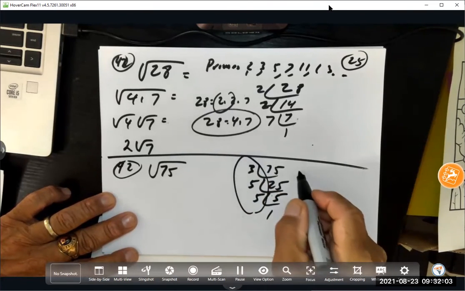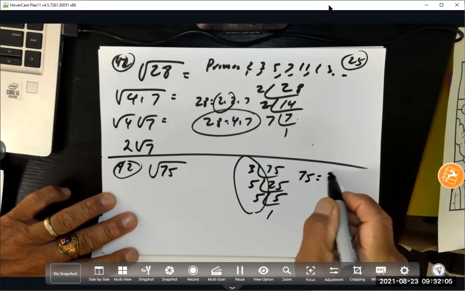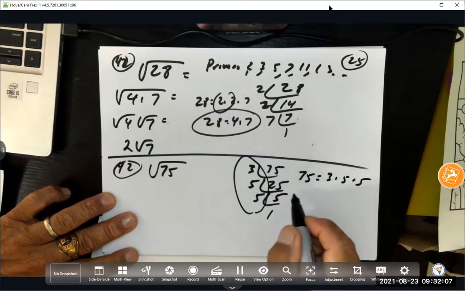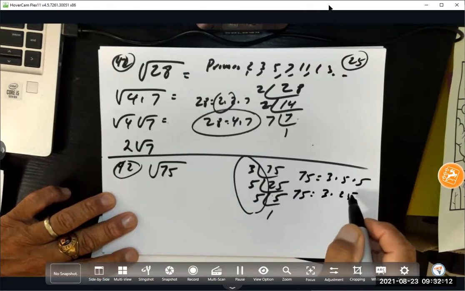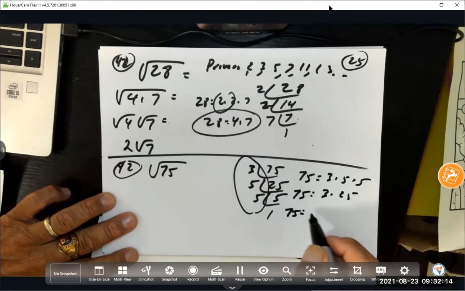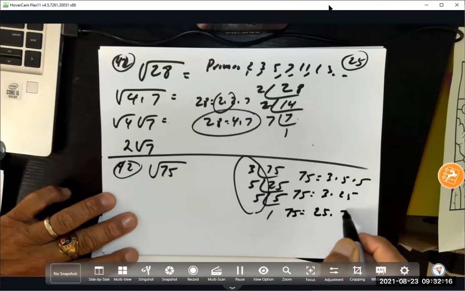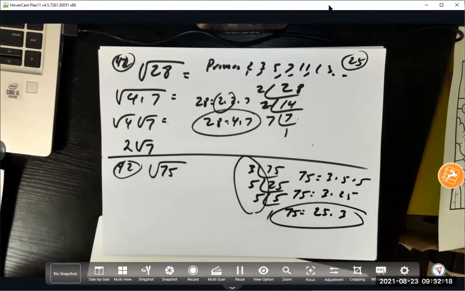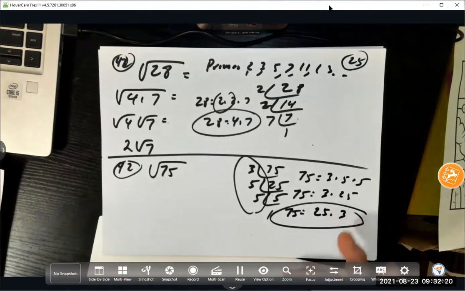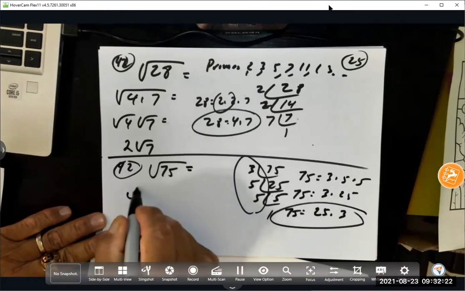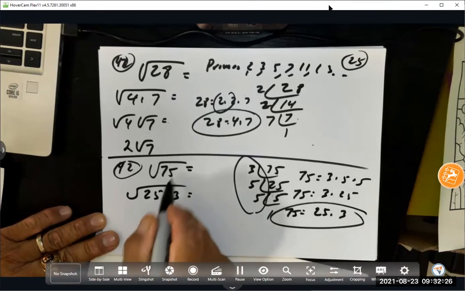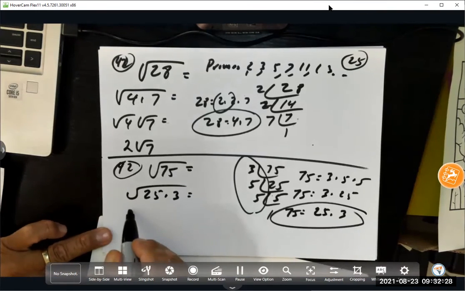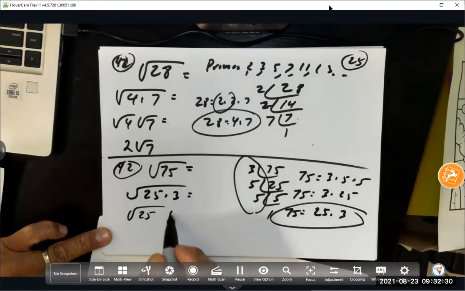So I know that 75 is 3 times 5 times 5, or 75 is 3 times 25, or 75 is 25 times 3. Yeah, see right there where I get 25 times 3 is 75. So I'm going to rewrite this as the square root of 25 and the square root of 3.